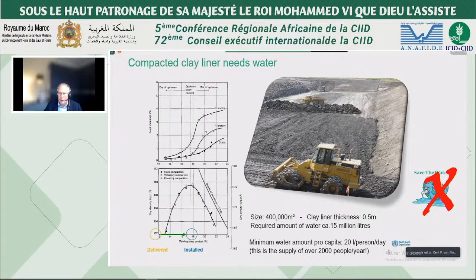The World Health Organization says that 20 liters per person per day is the minimum in areas which are not that rich as maybe some parts in Europe. And that would mean that you have around 2,000 people per year, who could be supplied with water with what we're using for the compacted clay liner.